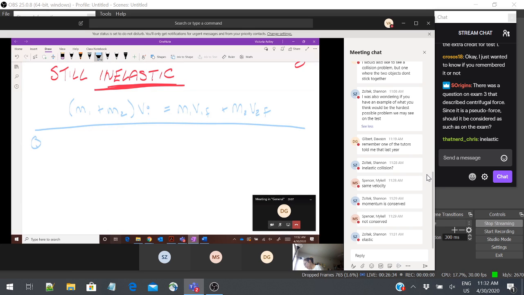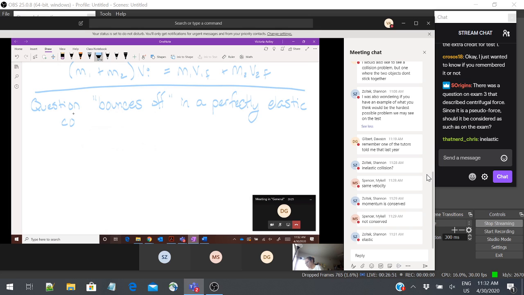What if the question says, usually it'll be something like bounces off in a perfectly elastic, or that you can assume it's perfectly elastic collision. Right.